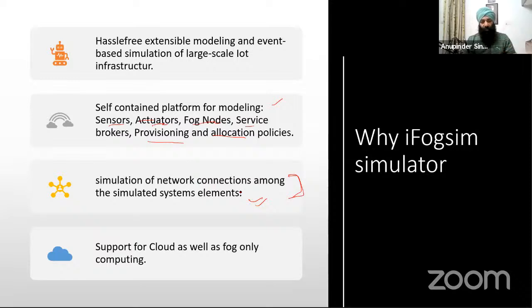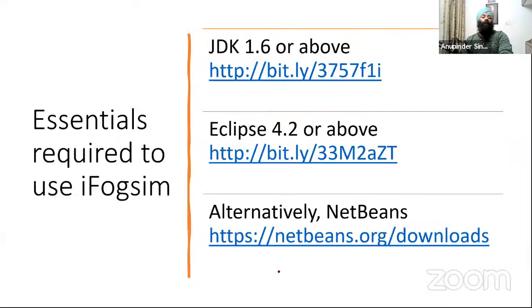So the network connections which are simulated among the elements again do some kind of mathematical calculations, and then produce results to you, right? And then support for the cloud as well as fog only computing. That is where this simulator brings in its USP, right? So you can have both of those things together, right?